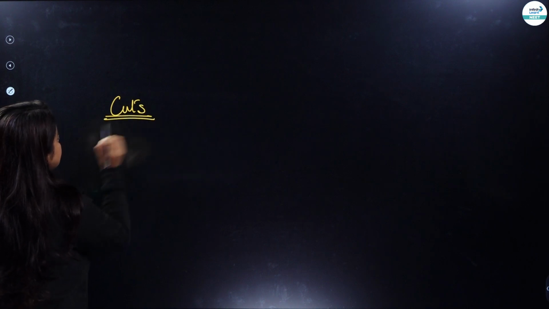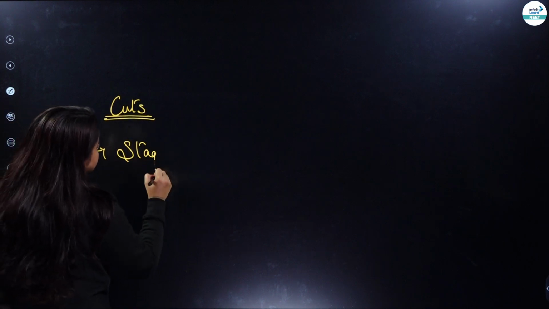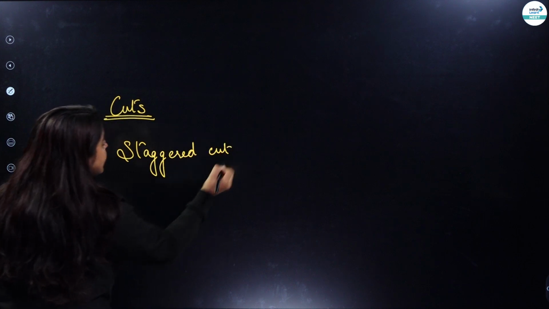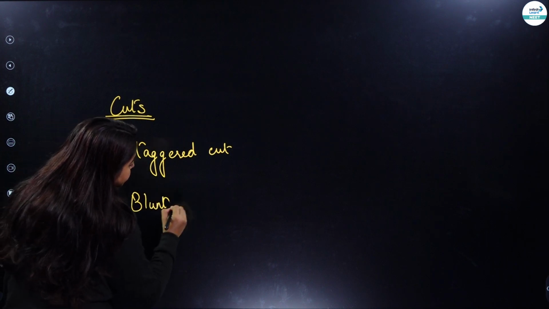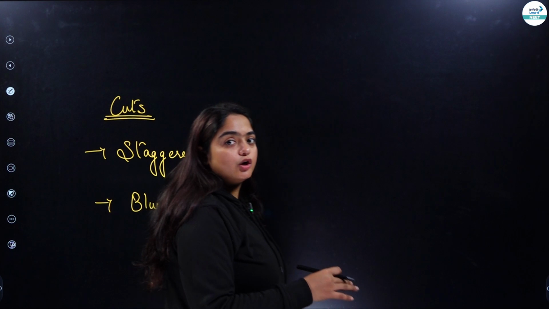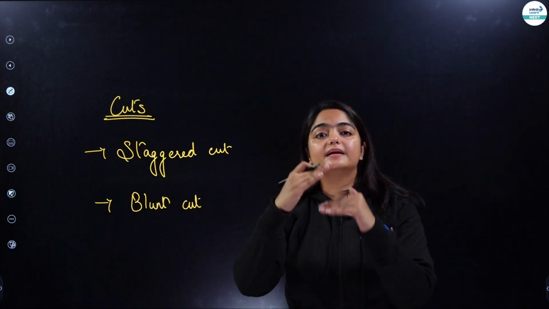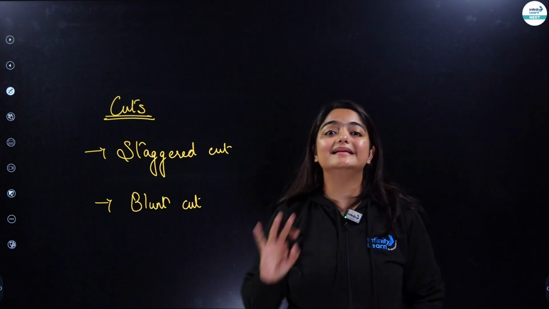Okay, now if I talk about the cuts also, कि यहाँ पे cuts किस तरीके के होते हैं, so यहाँ पे एक cut हम पढ़ते हैं staggered cut, and the second one, important one, is the blunt cut. ठीक है, staggered cut का मतलब क्या होता है? Whenever there is a staggered cut, तो अगर ये दो fragments में हम इसको cut कर रहे हैं, ठीक है, so it is going to perform like a ladder thing.